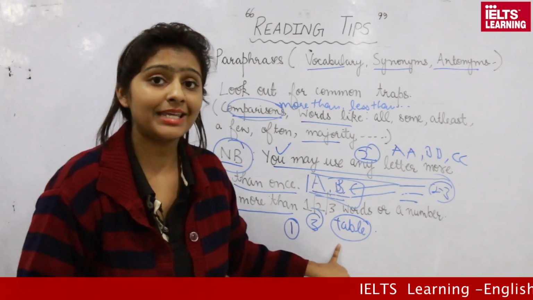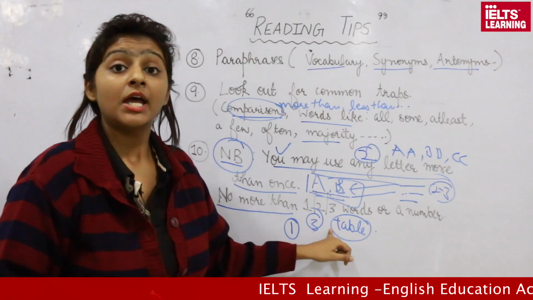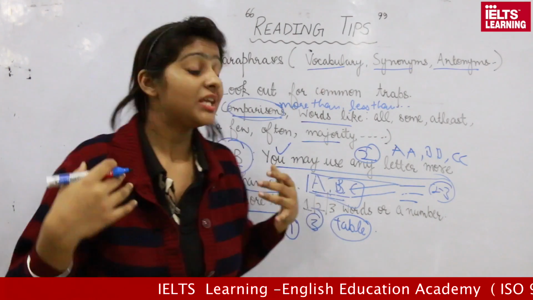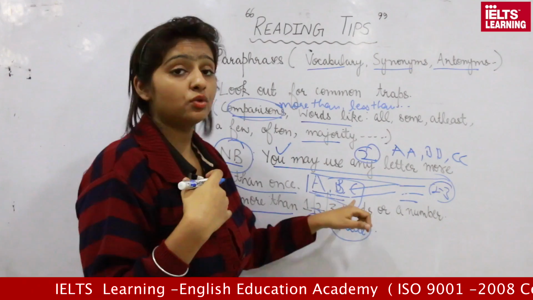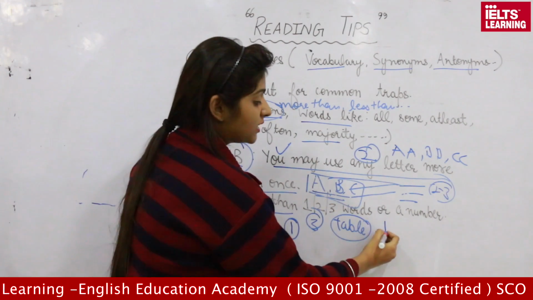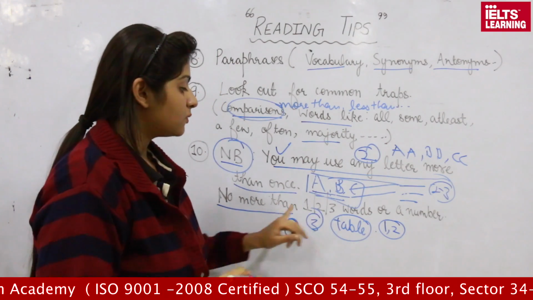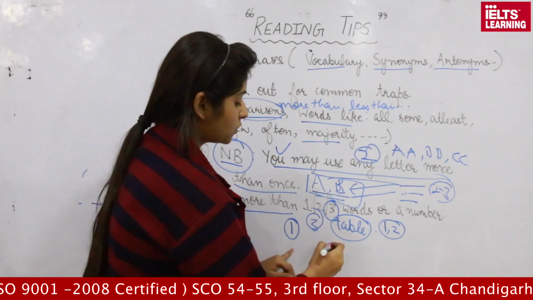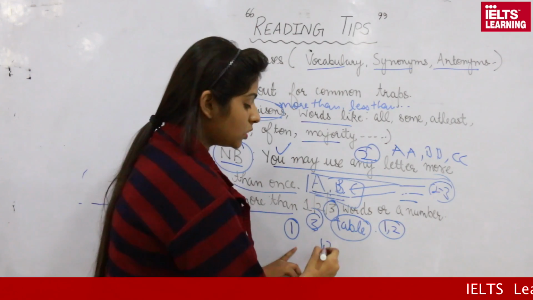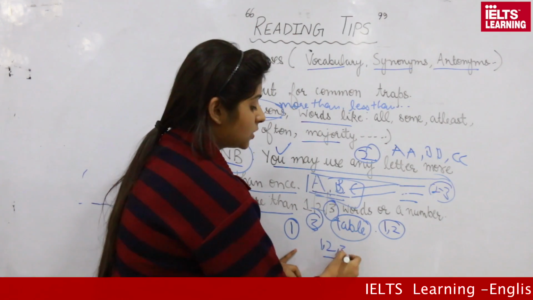So do not exceed the limits. If it is 2 words, that means it could be 1 word or 2 words, but not more than that. And 3 words means it could be 1, 2, or 3 words, but not more than that.